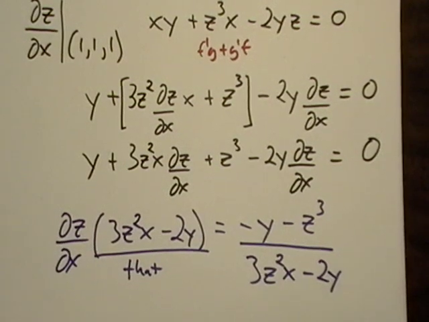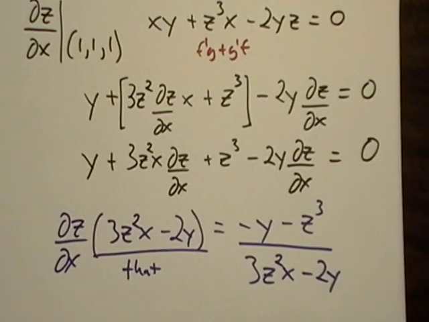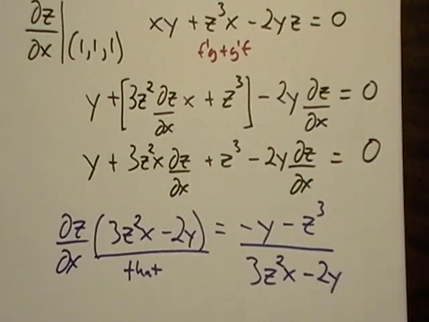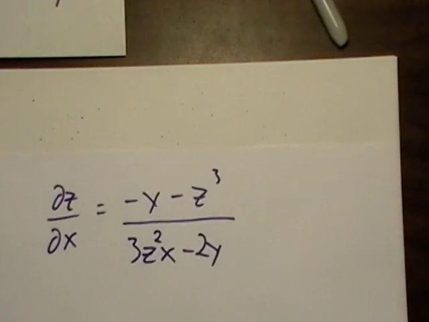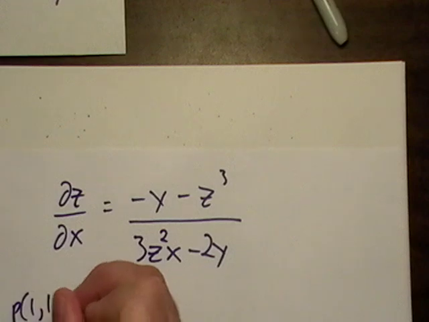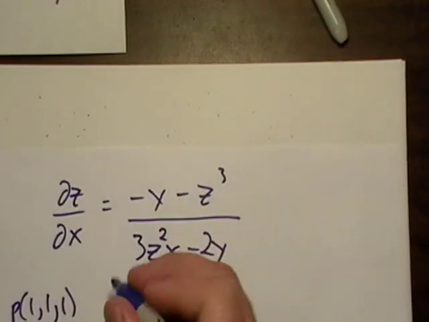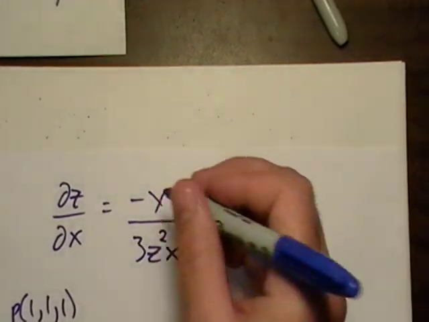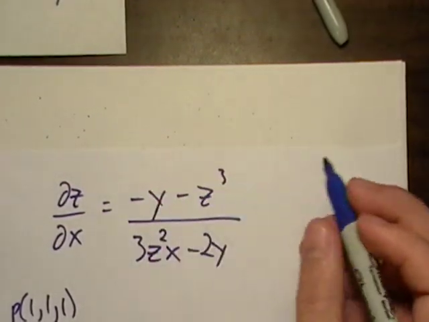And I just ran out of paper, so now they wanted us to evaluate this thing at the point (1, 1, 1). Okay, so if we plug everything in, we should just go ahead and get it. So that's a y, is it? Yeah, it's a y.